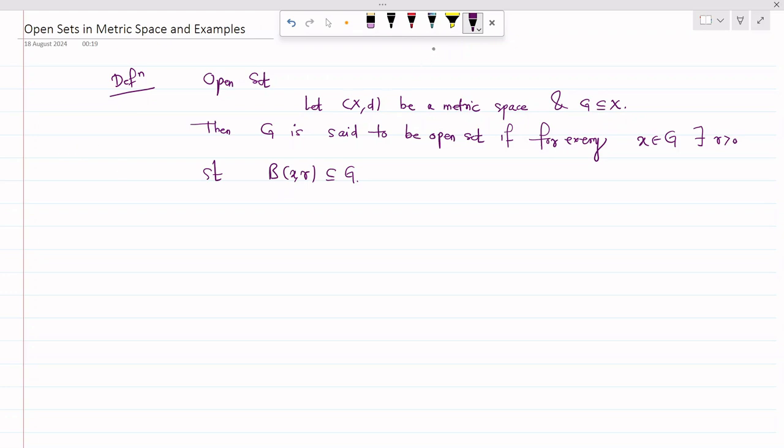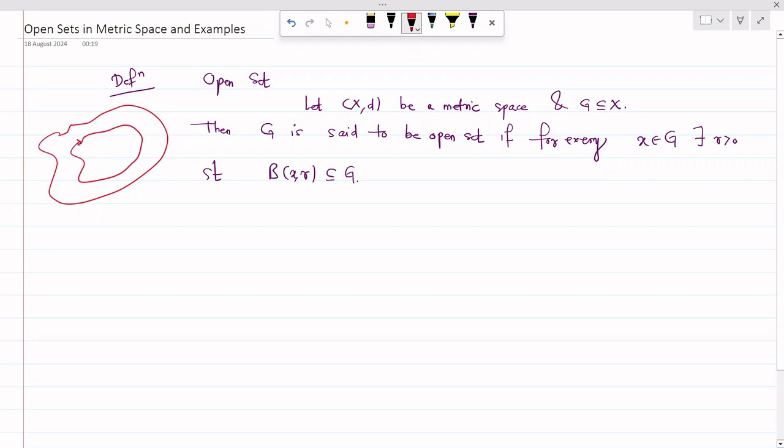To elaborate the idea, suppose this is a general set given to you and suppose this is your subset G, and suppose this is your X. I want to verify whether G is open or not. So the condition is that if I choose any point in that set G, I should be able to find a positive radius around x such that the open ball about x of radius r is again contained in G itself. Then only we can say that G is an open set.